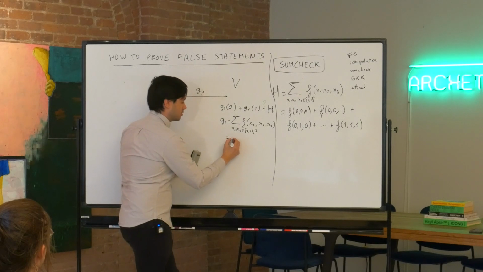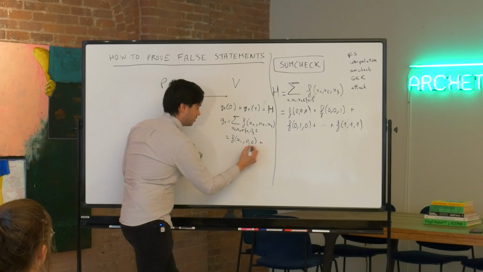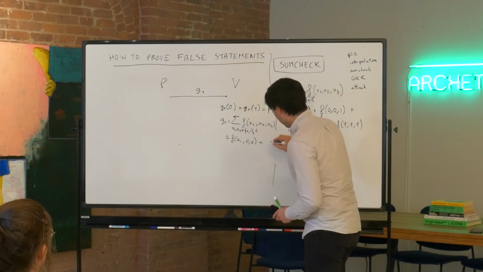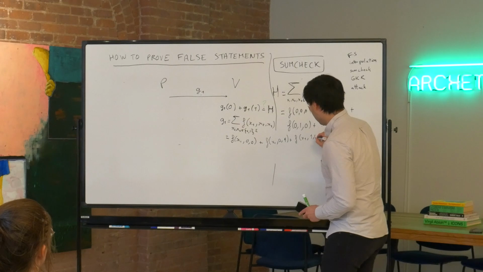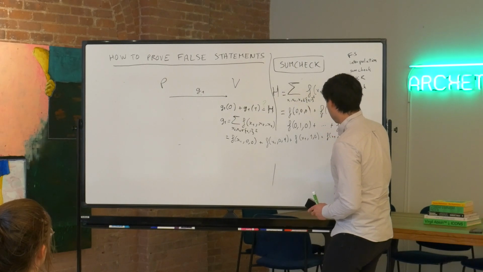In other words, we have f(x1, 0, 0) plus f(x1, 0, 1) plus f(x1, 1, 0) plus f(x1, 1, 1).